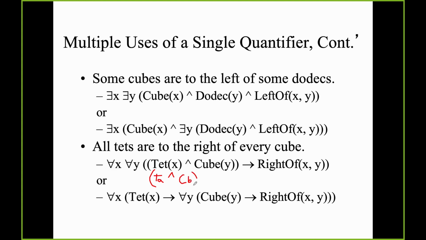But let's suppose that we instantiate the universal, so that we're saying if a is a tet and b is a cube, then a is to the right of b.